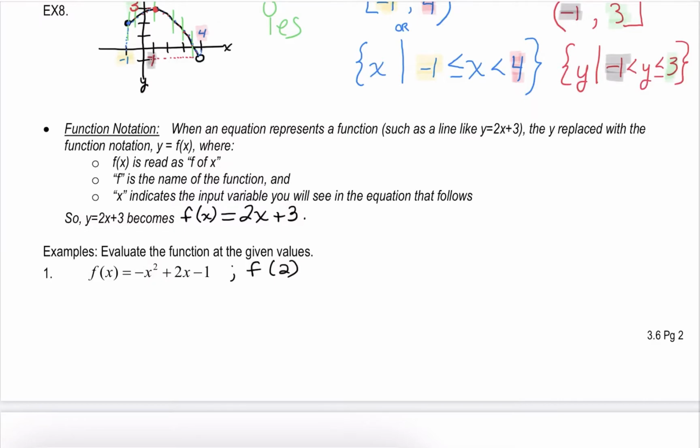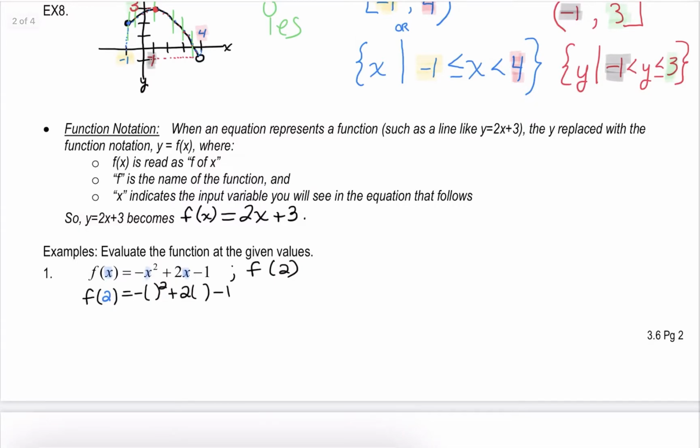If I am asked to evaluate f of 2, that says every place where there is an x, it's now going to be 2. Every place where there was an x, we're going to replace that x with a 2, and then evaluate and see what we get.